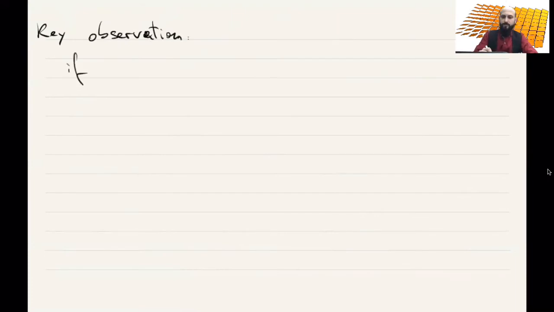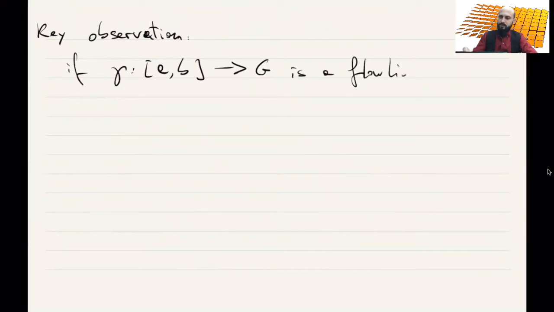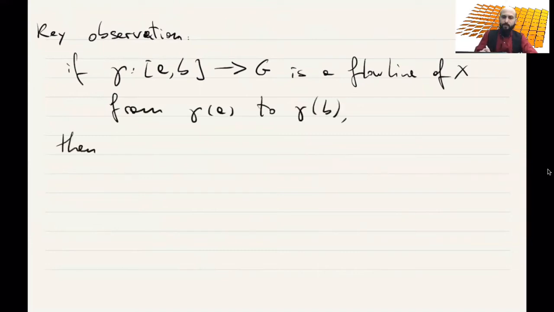Suppose we have a curve gamma defined on an interval from a to b into G, which is a flow line for x between two points, gamma a and gamma b.